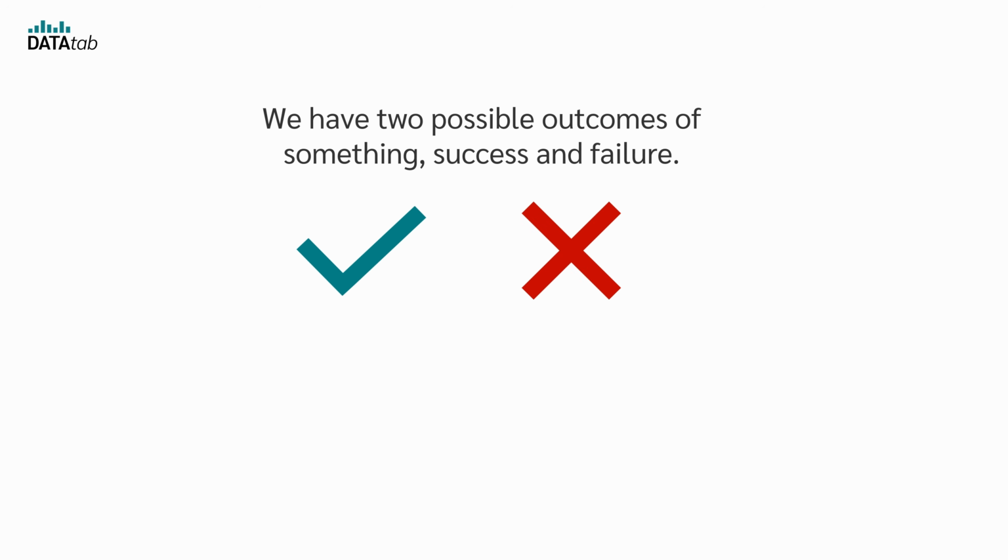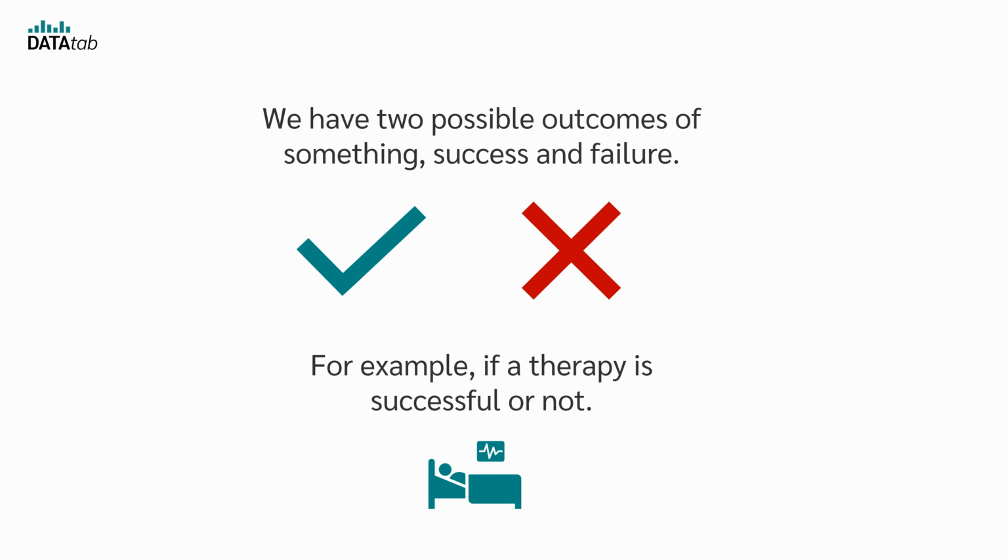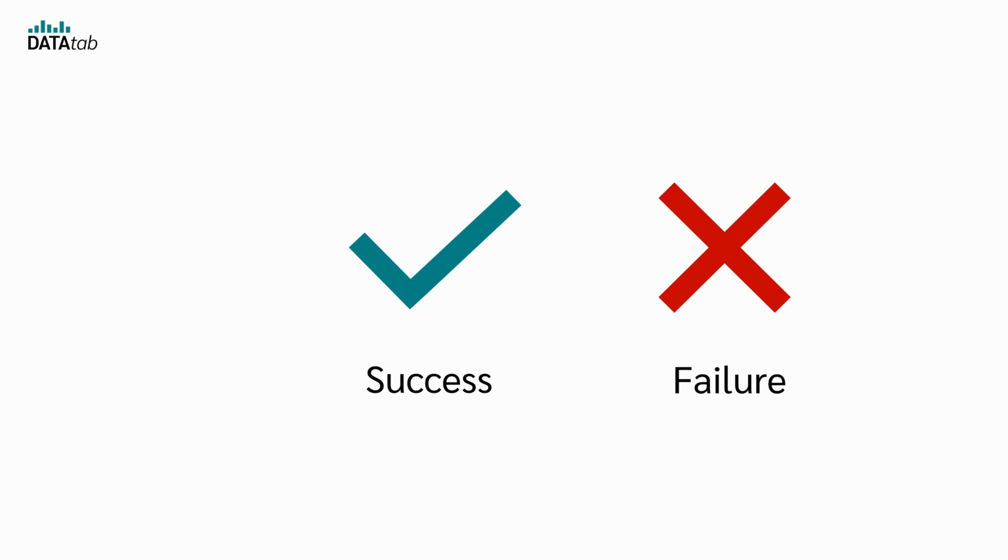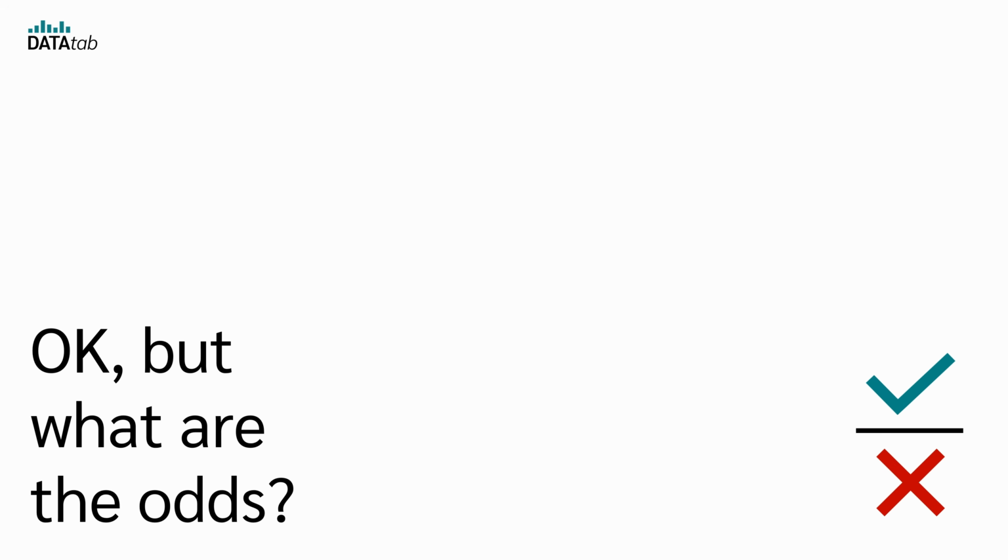Let's say we have two possible outcomes of something, success and failure. For example, if a therapy is successful or not. Let's say that the probability that the therapy is successful is 0.7, so 70%, and thus the probability of failure is 1 minus 0.7, so 0.3. Okay, but what about the odds?